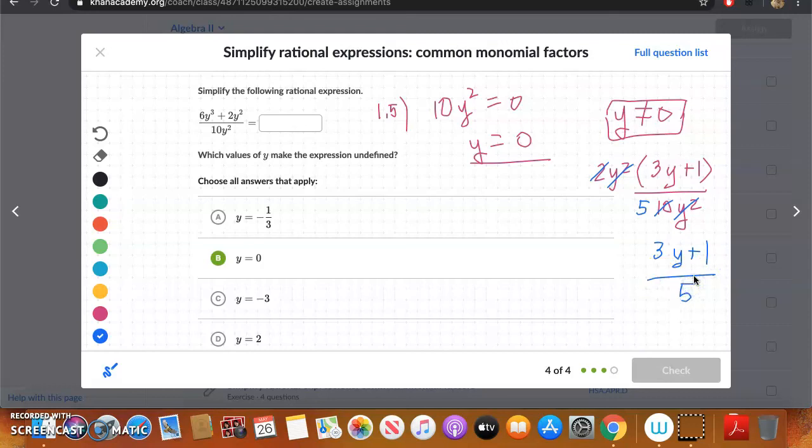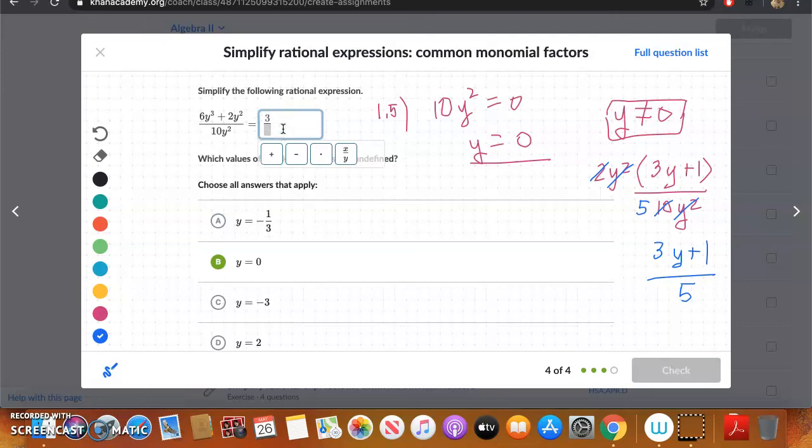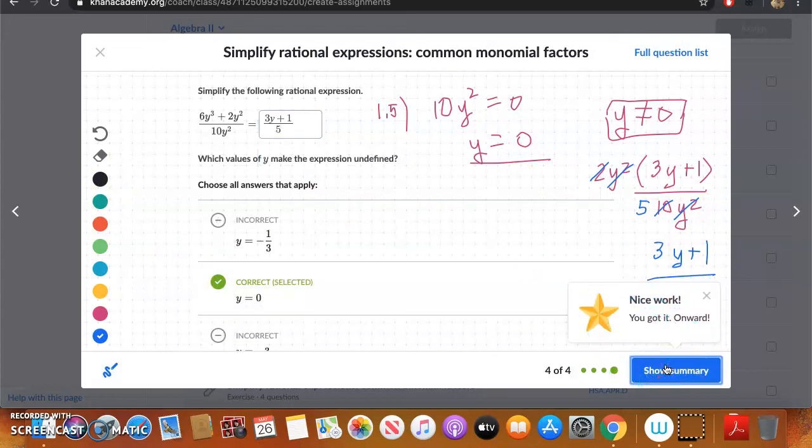Okay, so let's type that in. 3y plus 1, whoops, got to do the fraction bar first. 3y plus 1 over 5. Okay, and there is our simplified expression, and here is our restriction to the domain, and that is correct.